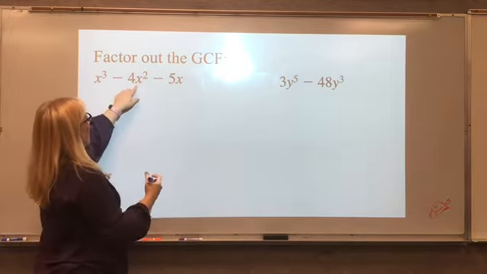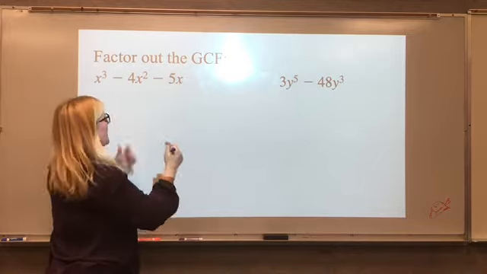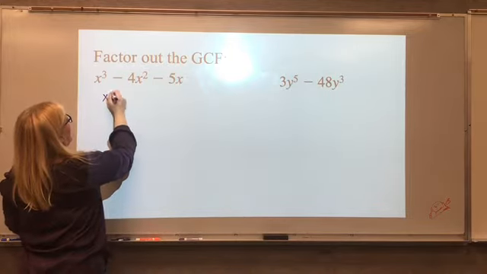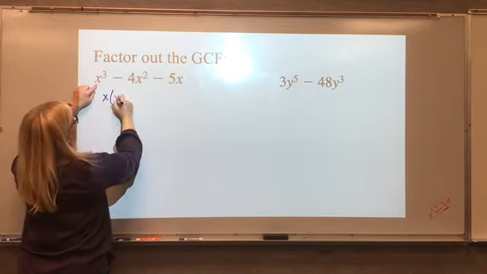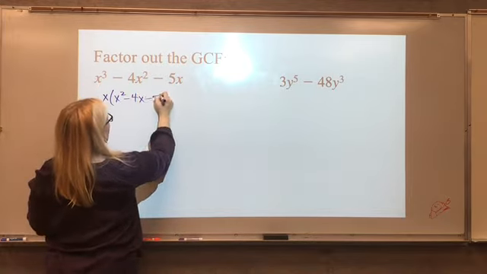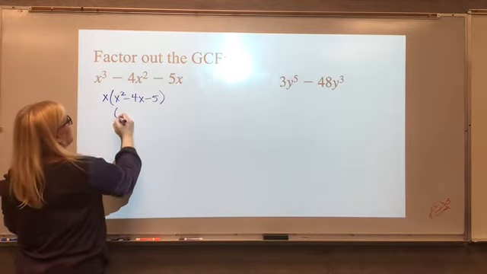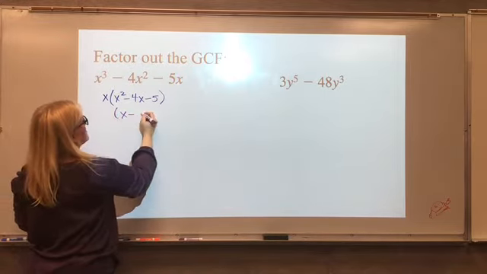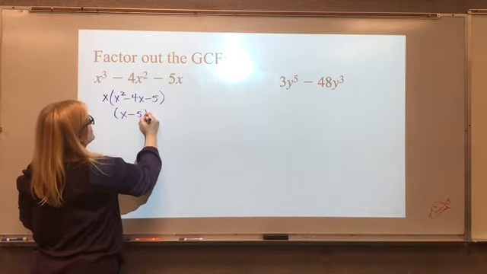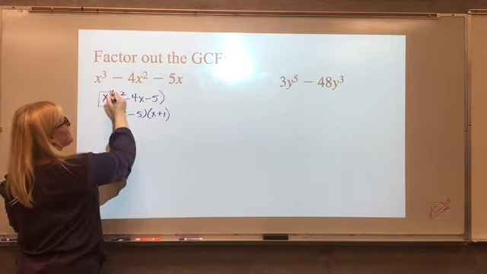But when I look at the x's, I take the one with the lowest exponent and I can pull that out. So I factor out an x and I'm left with x squared minus 4x minus 5. And then, quite frankly, I could keep going. This is x minus 5 times x plus 1. But my GCF is x.